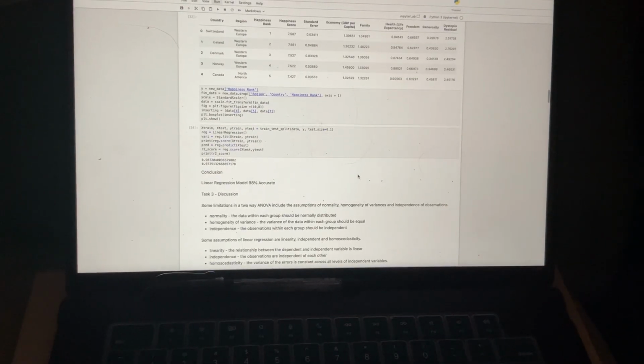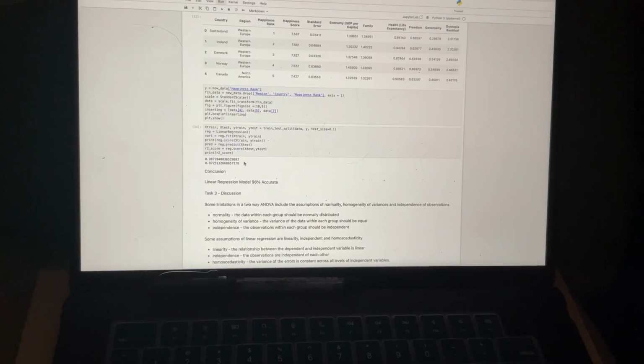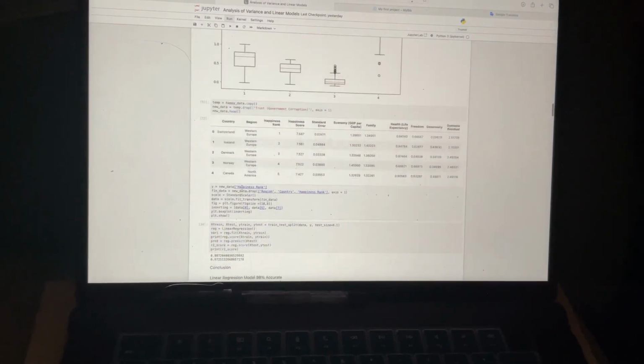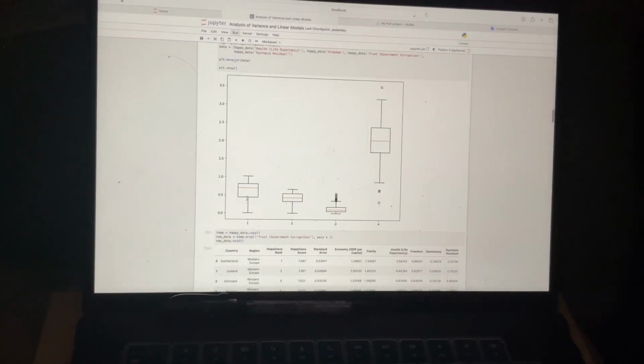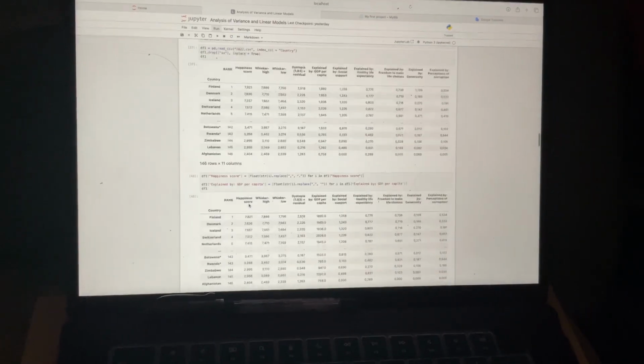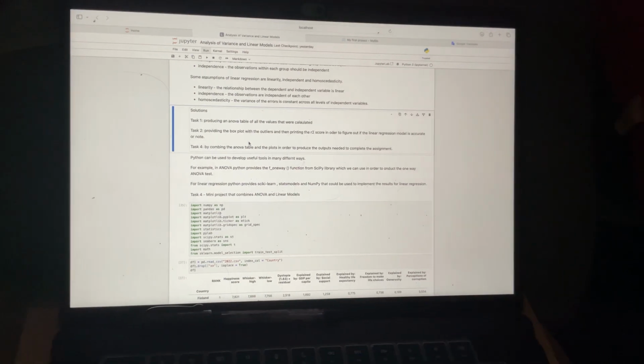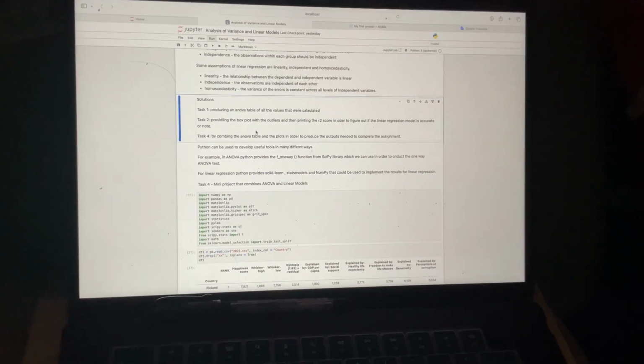That part is right here, so it's 98% accurate. That's the R2 value, and this is the box plot I'm talking about, right here. And then for task 4, by combining the ANOVA and the plots, you produce the outputs in the assignment.